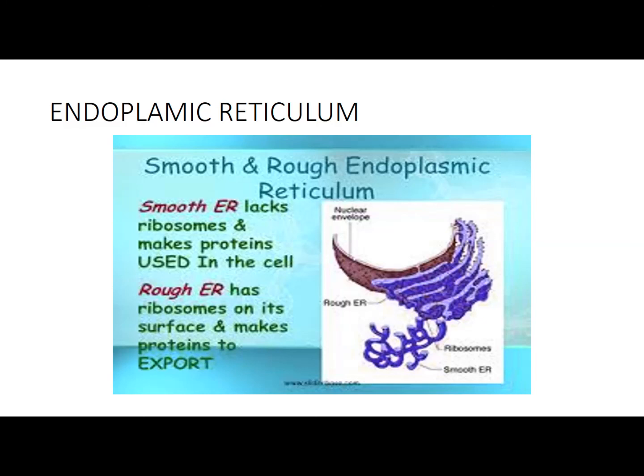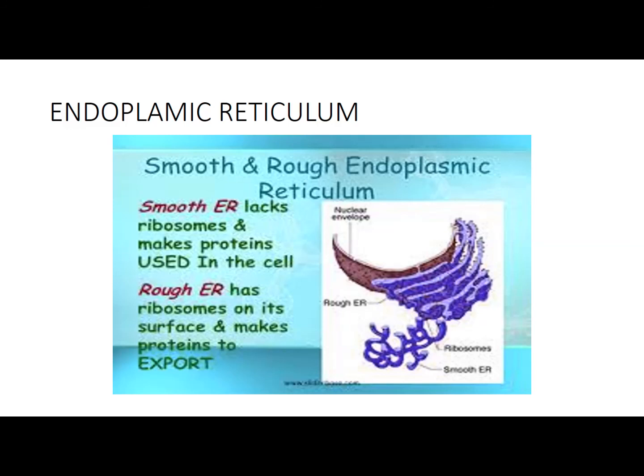Endoplasmic reticulum. These are finger-like projections, means they look like our fingers. Inside the cytoplasm, they are of two types. Number one, smooth endoplasmic reticulum, and number two, rough endoplasmic reticulum.